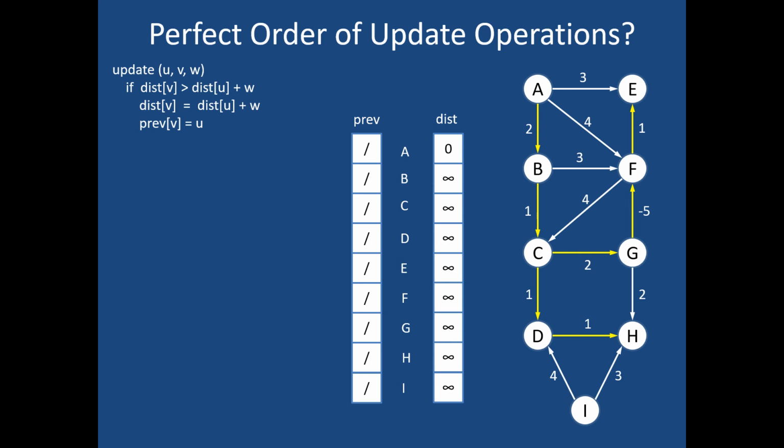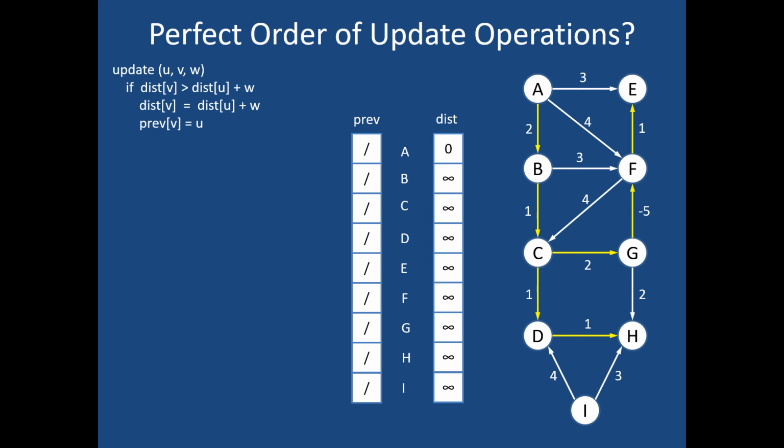Now, there is a perfect order of update operations. It turns out that if you know the solution ahead of time, and I've indicated the solution in yellow, I'll let you maybe think about it.